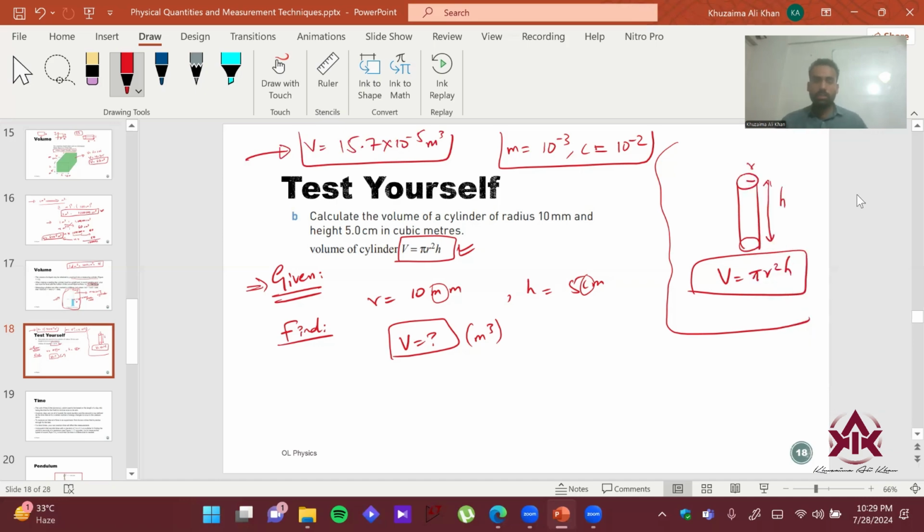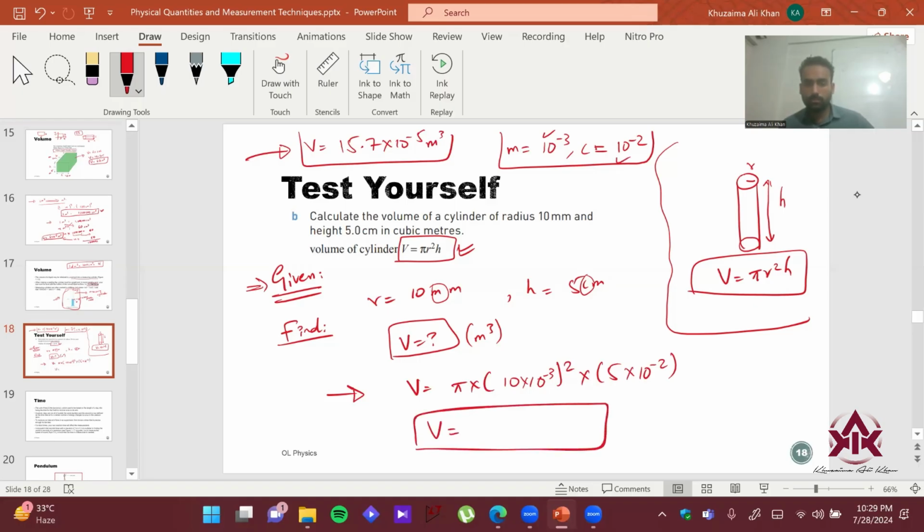अच्छा जी. So let's check it out. It's pretty simple, right? You just have to substitute the values over here, right? It's going to be pi into radius, what? 10 multiplied by 10 to the power minus 3. Because milli की equivalent क्या होती है? It's 10 to the power minus 3, squared, times the height of the basically cylinder, that is 5 centimeters. So centi अगर आप remove करेंगे, you're gonna put its power, that is 10 to the power minus 2. ठीक है? Just use your calculator, get your answer. That's it.